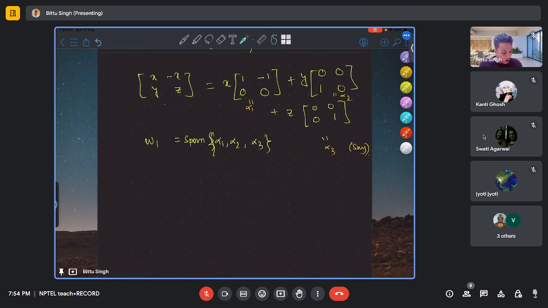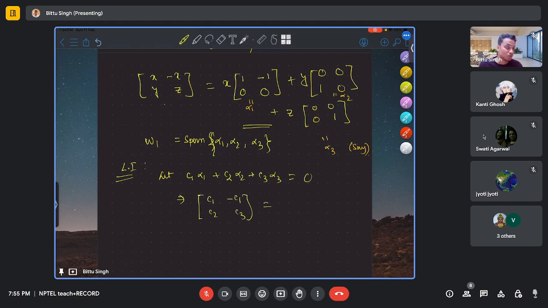Now the question is, are these elements alpha 1, alpha 2, alpha 3 linearly independent? So take the combination C1 alpha 1 plus C2 alpha 2 plus C3 alpha 3 and set it to 0. From this relation, you will get the sum is the same as C1 minus C1, and here C2, C3.